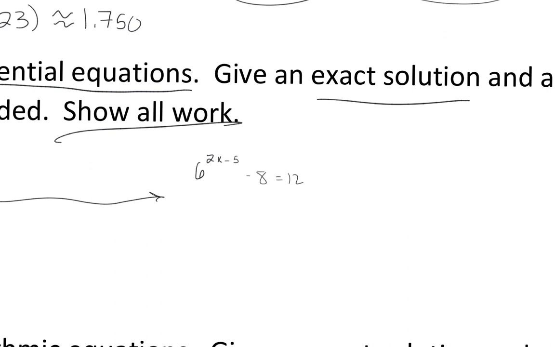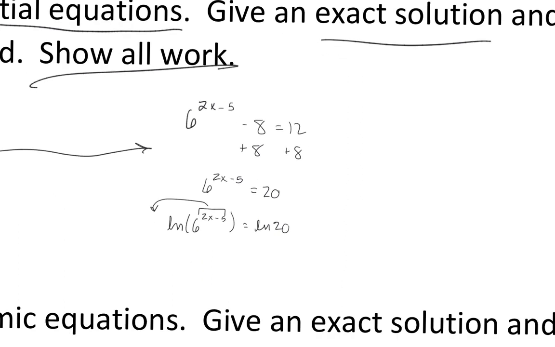So first step here, I'm just going to go ahead and add 8 over to get 6 to the 2x minus 5 is equal to 20. Now taking the natural log of both sides gives me a natural log of 6 to the 2x minus 5 is equal to natural log 20. Here the power can come up front.